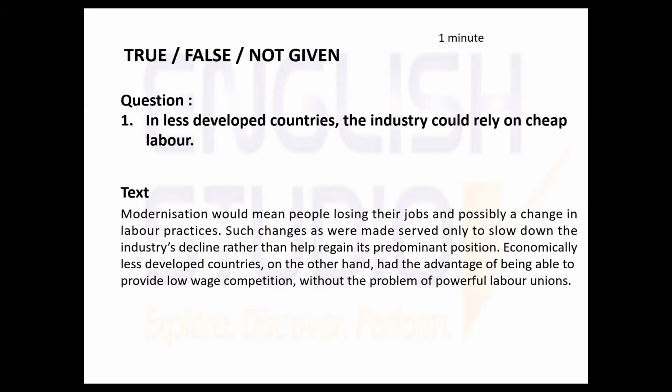Okay, Mr. Anam, could you please explain? Your answer is true. Why is that? The answer is true because in the last sentence, the text says that the advantage of being able to provide low wage competition means relying on cheap labor. Yes, that's the corresponding synonym. Here we have in less developed countries, the industry could rely on cheap labor. And in the last paragraph, we have economically less developed countries.